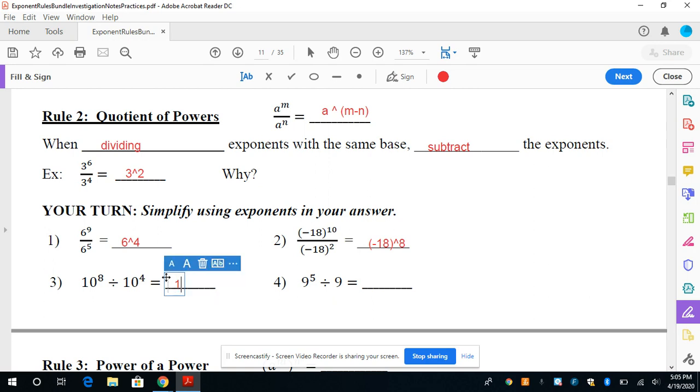Number 3, same base of 10. We're still dividing, right? They switched up the signs, but we should all know the fraction sign is the same thing as the division sign. So this is 10 to the 4th, 8 minus 4. And again, remember 9 is just 9 to the 1st, so this is going to be 9 to the 5 minus 1, which is the 4th power.